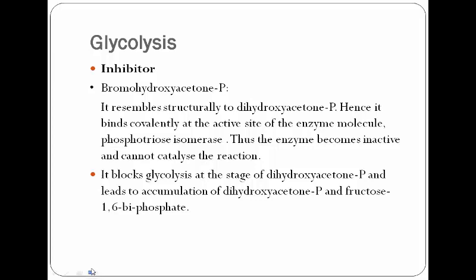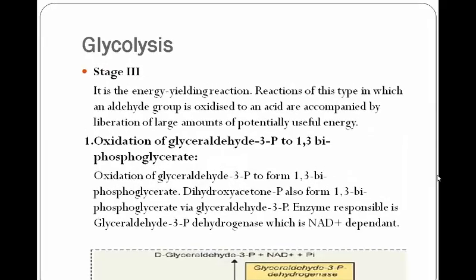Because it resembles dihydroxyacetone phosphate, so it can bind to the enzyme phosphotriose isomerase and stop the reaction. By stopping the reaction, accumulation of dihydroxyacetone phosphate and fructose 1,6-bisphosphate occurs, and the further reactions of glycolysis are stopped.